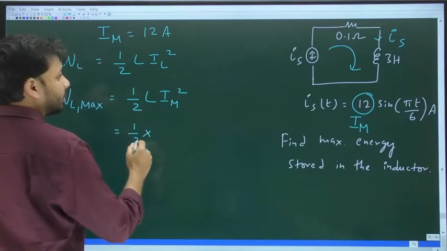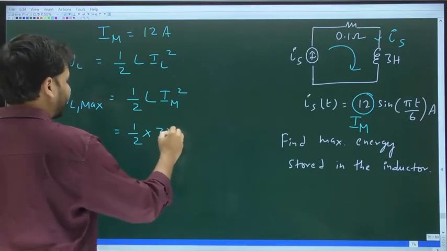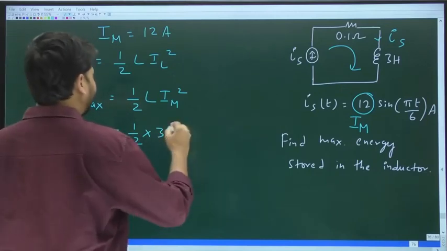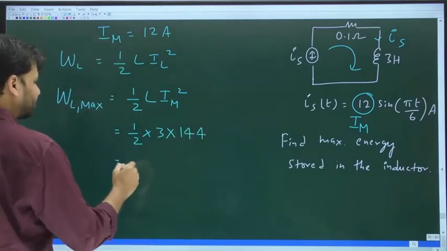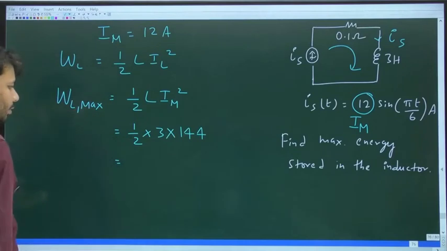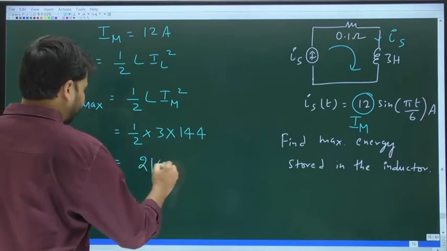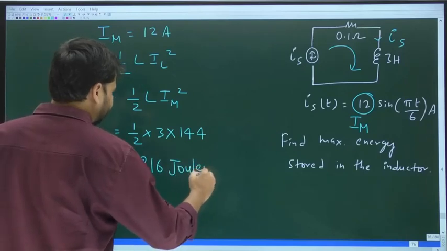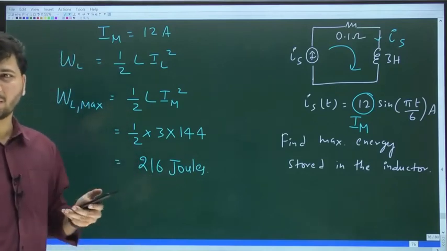So half into the value of the inductance, which is 3 Henry, and then IM square is 12 into 12, which is 144. That's all. 144 by 2 is 72. 72 into 3 is 216 joules. That is the peak or the maximum energy stored in the inductor.